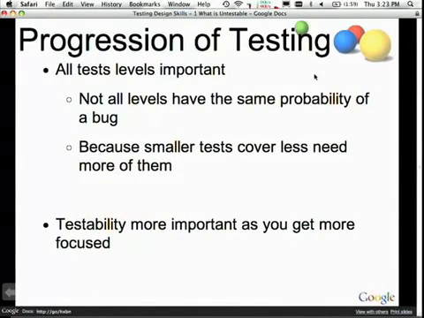So all of these different levels, as I said, are important because you have different probabilities that you're going to find a bug. But they're different kinds. As I said, unit testing is all about, does it do the right thing? Whereas at the other extreme is, is it hooked up properly? And then everything in the middle, the medium tests, test a little bit of both.